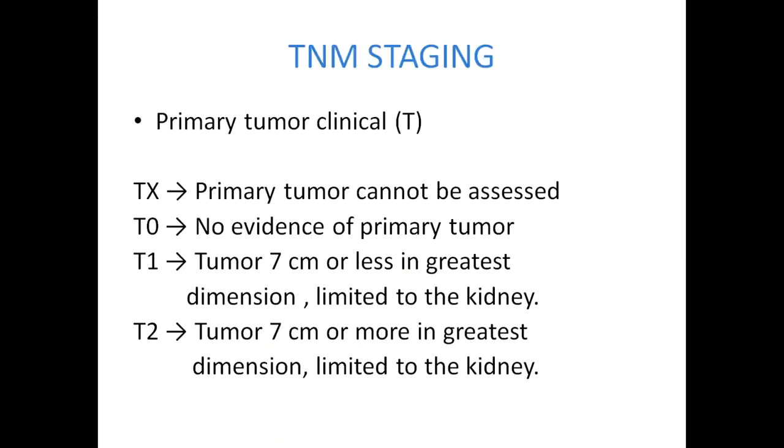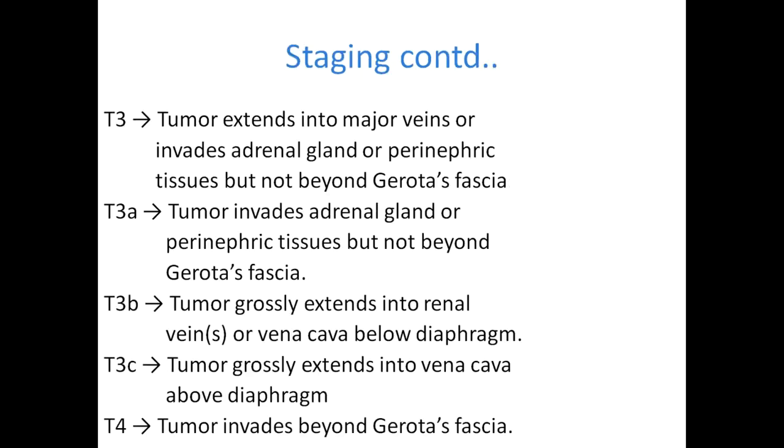There is also TNM staging, where T1 is a tumor less than 7 centimeters, and T2 is a tumor more than 7 centimeters but limited to the kidney. T3 is a tumor that extends to the major veins, the adrenal gland, or the perinephric tissues. T3A is adrenal gland or perinephric tissue involvement, but not beyond Gerota's fascia.